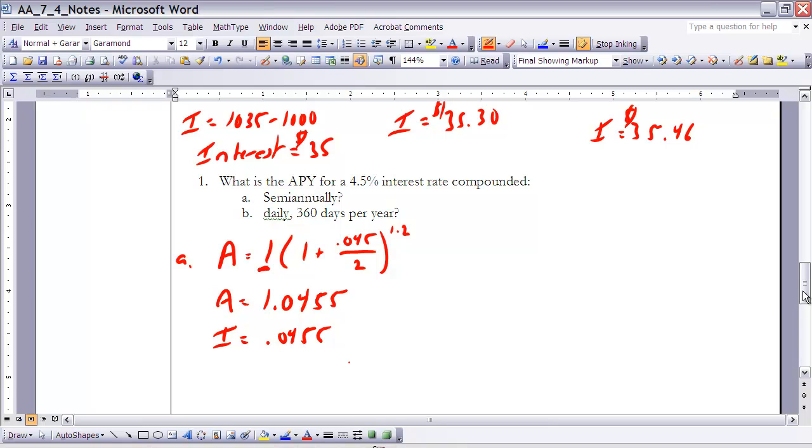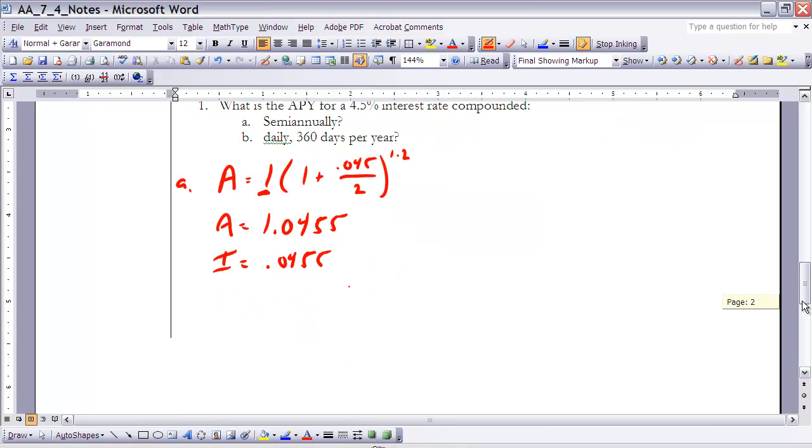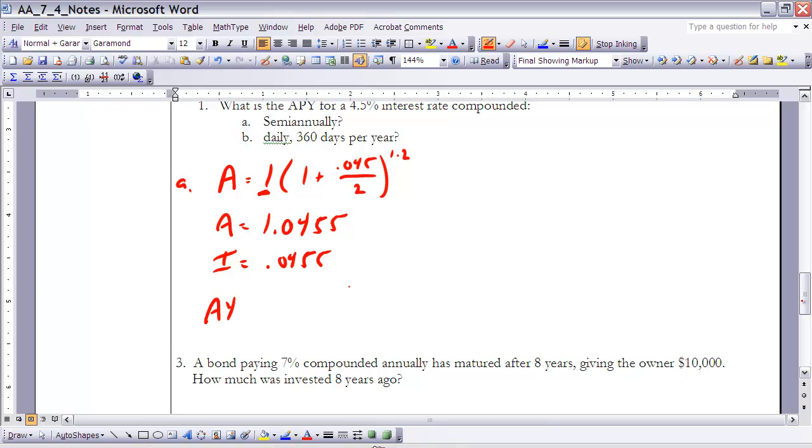Okay, which means that the annual yield on that, the APY, would have to be 4.55%. Okay, so whatever my interest earned for 1 year is, that would represent my annual percentage yield. Whoops, APY, not YP.